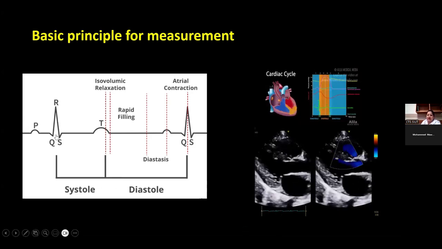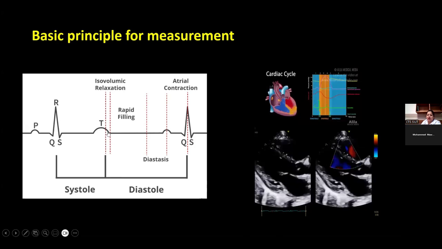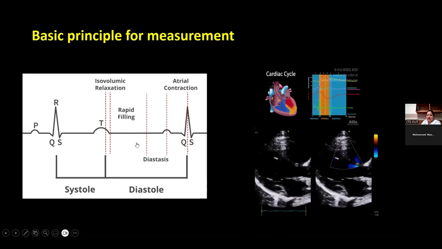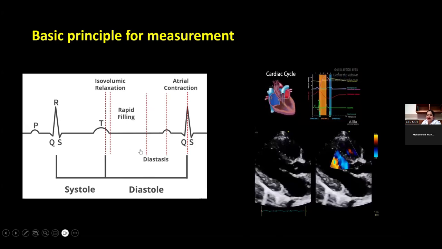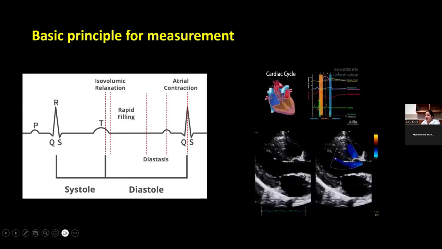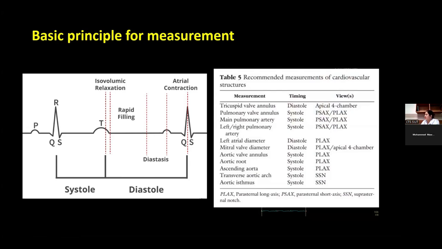From the mid of the QRS till the T wave is the systole, and from the end of the T up to the P and the QRS, this is the diastole. These are the diastole phases. I'm not going into detail, but this is very important. These are the basic principles.